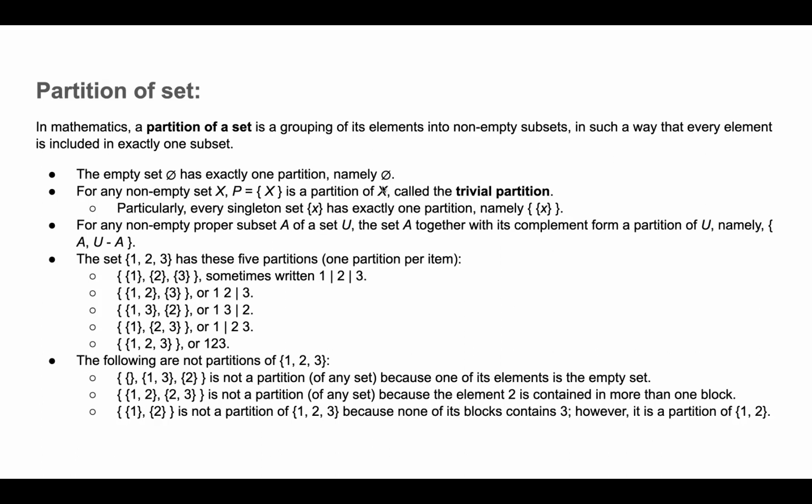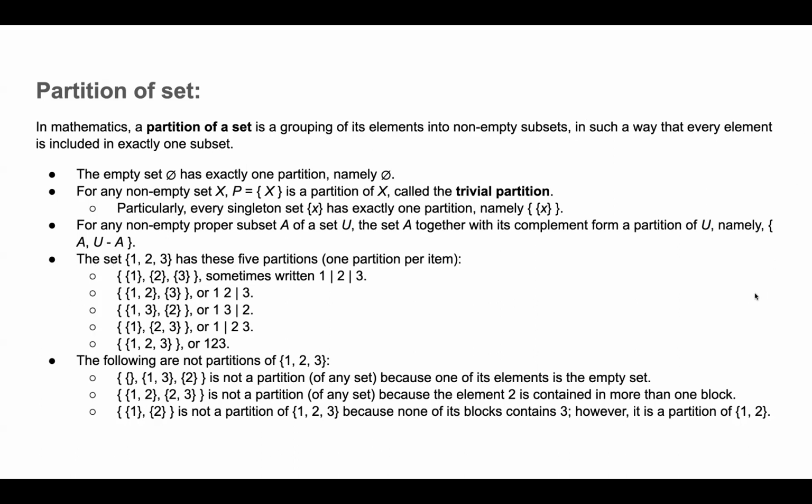And if only X is there in the set, then only one partition will be there, that is known as {X}. For any non-empty proper subset A of the set U, the set A together with its complement forms a partition of U, namely A and U minus A.